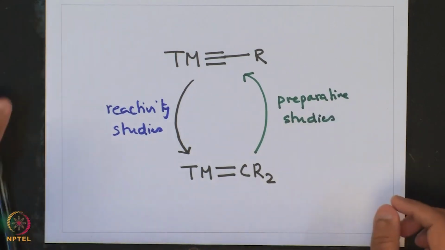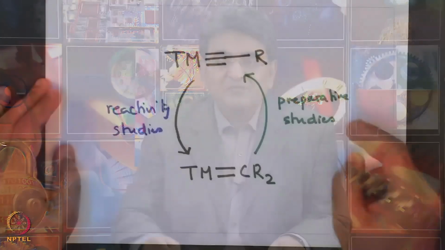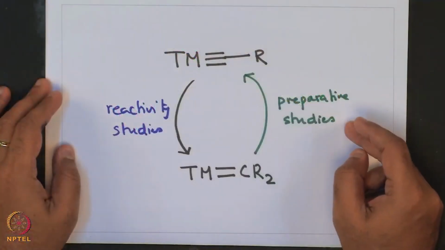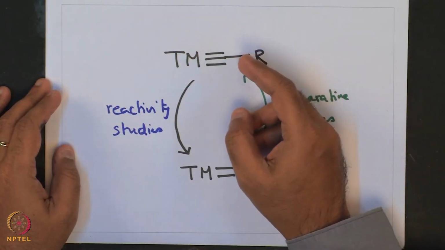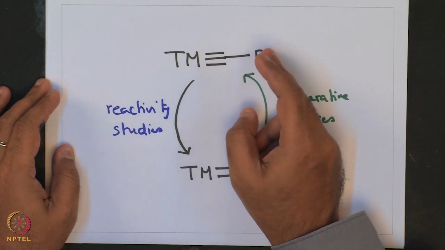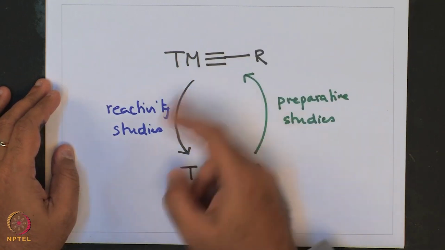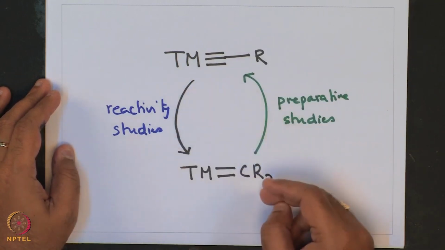We see that the cycle completes itself when we look at the preparative and reactivity studies. Carbyne complexes can be prepared from carbene complexes by a number of synthetic procedures, and when the reactivity studies of these carbyne complexes are carried out, they can also be converted back to the carbene complexes, through the reactivity studies that we had discussed in our last lecture.